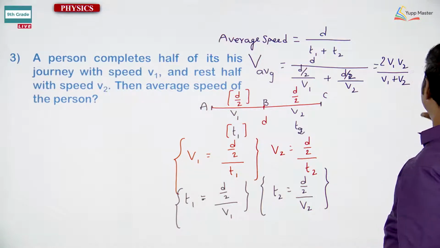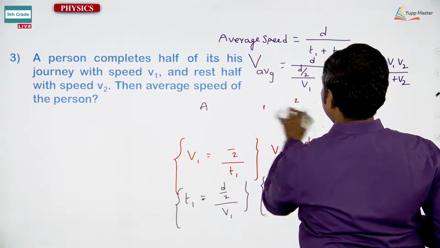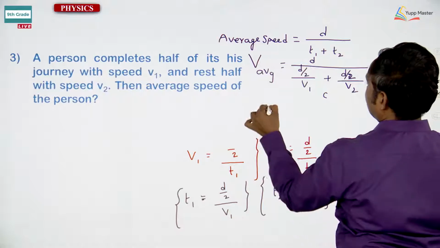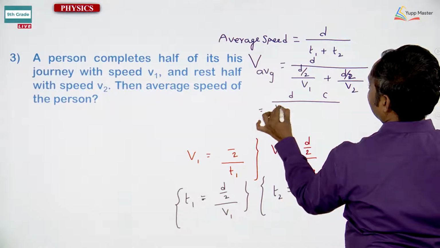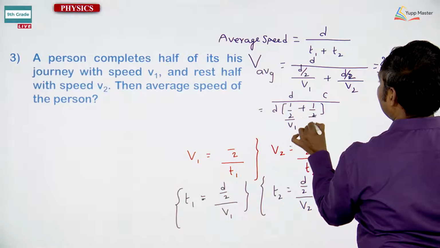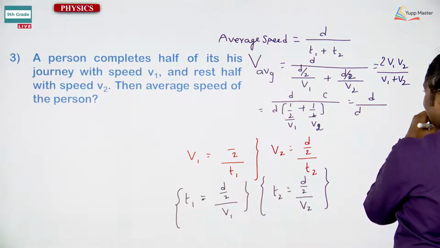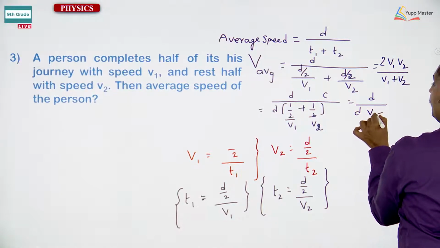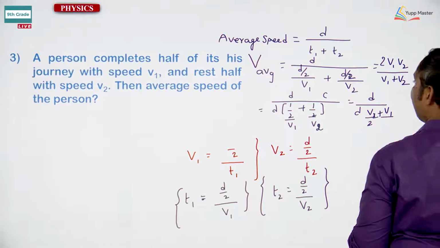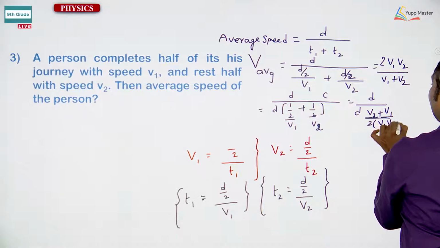If you go through the complete calculations, let us erase some part. That is equal to d by d into 1 by 2 V1 plus 1 by 2 V2, which is d by (V2 plus V1) by 2 V1 V2.